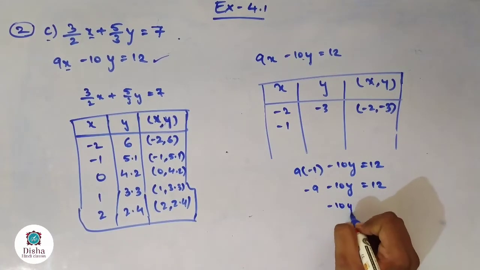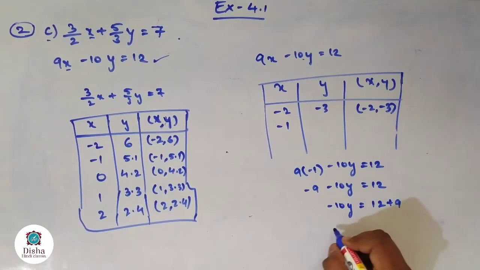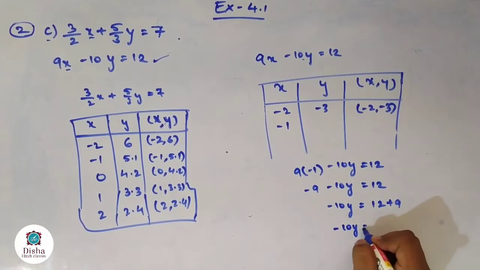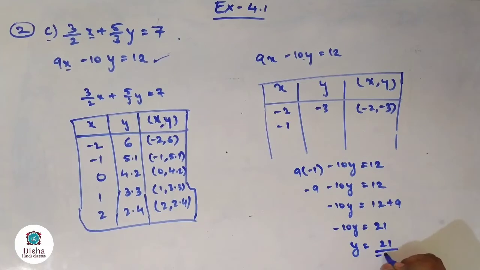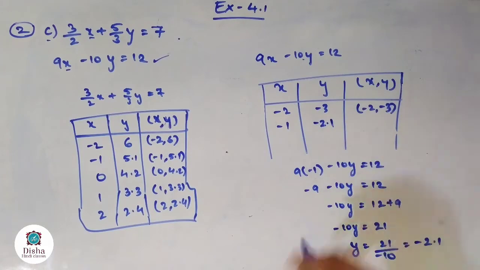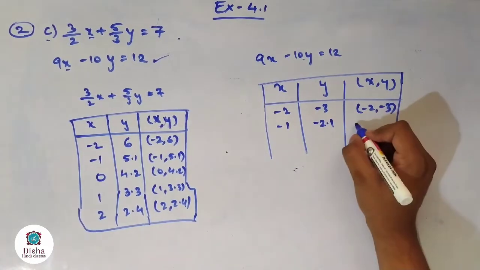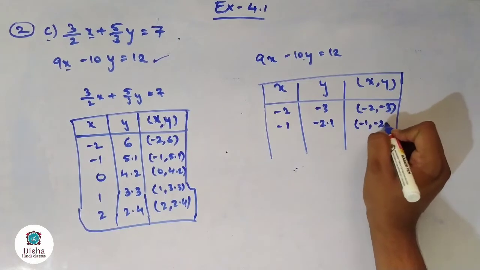So minus 10y equals 12 plus 9, which is 21. So y equals 21 by minus 10. So what will it be? Minus 2.1, right? So minus 2.1. So if we take x as minus 1, we'll get minus 1 comma minus 2.1.